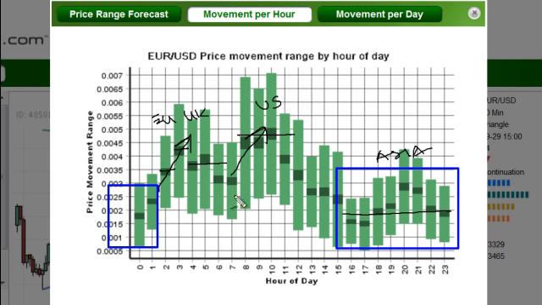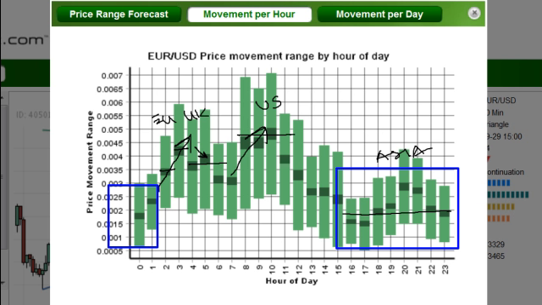Very important to notice, because this will help you gauge your expectation of follow-through, of pip movement, of volatility. That's what this helps you identify. So this is a very important part of understanding when volatility could pick up, because a lot of people look at volatility as potentially what they could make, right?